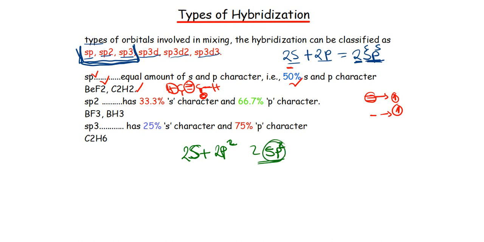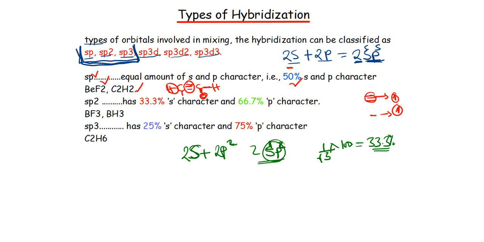For s we have 1 over 3, right, because there are 3 things, 1 from s and 2 from p, so total 3, times 100. When you multiply that times 100, you get for s now 33.3%, like that. So that's the character it contributes.